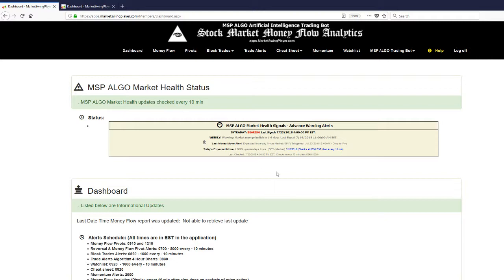Just a high-level overview. Okay, so on the dashboard we have the MSP ALGO market health status, and that gives advanced warning signals as well as intraday signals for the market as a whole.